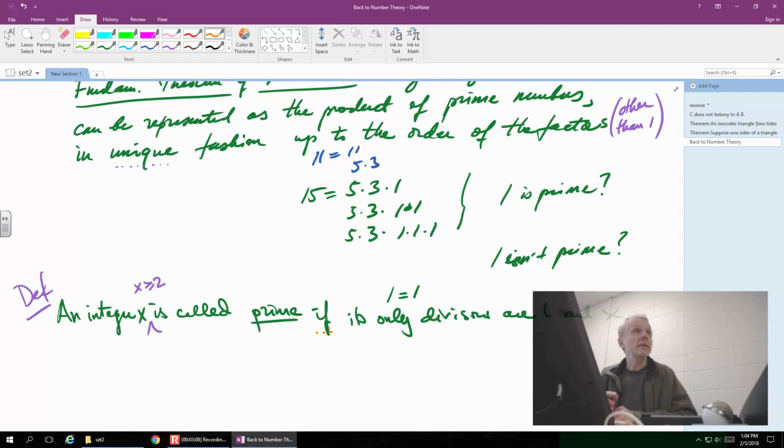If the only divisors of x are 1 and x, then it is called prime. But since it's not a theorem, even though we do not have an extra f there, it is always understood both ways.